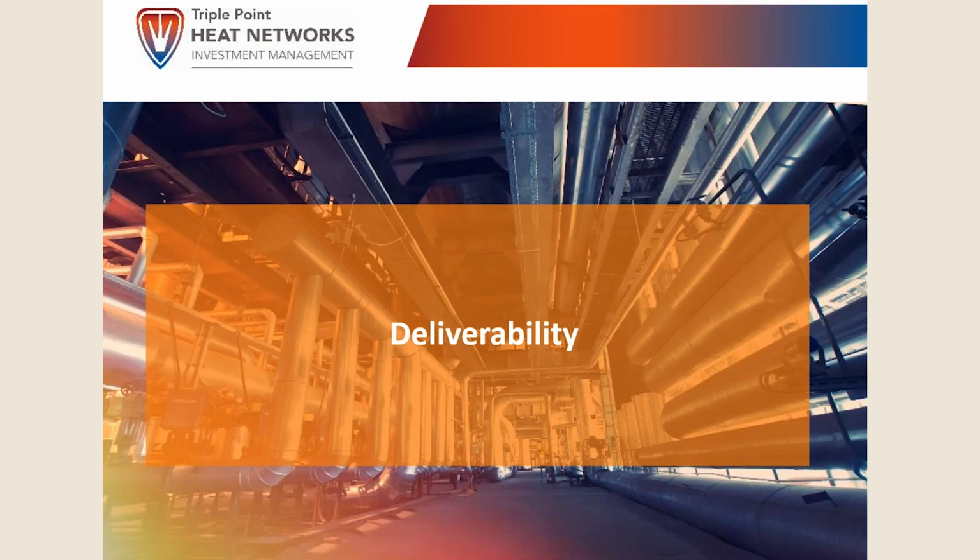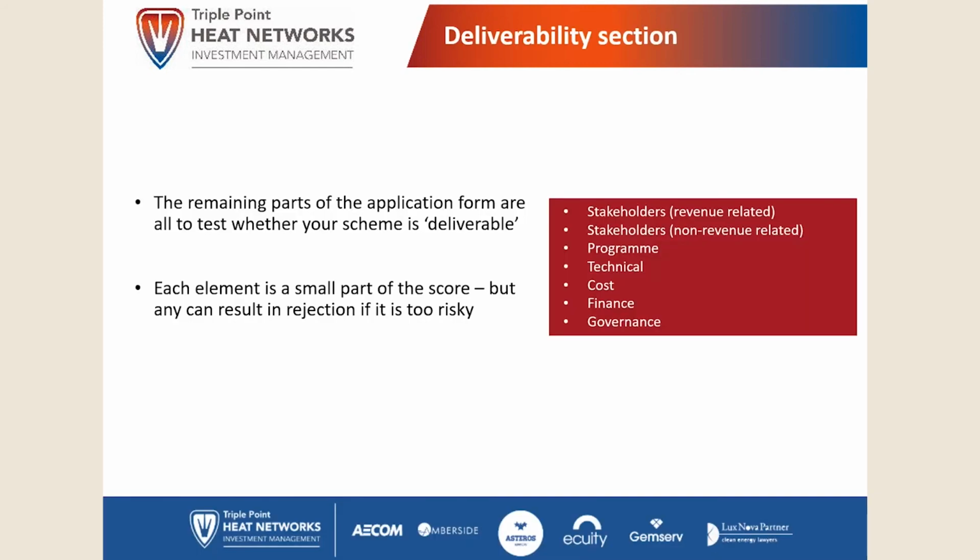Okay, I'll go on to the deliverability then. So costs is one of the deliverability scores. We are looking here to understand how well the project is developing and looking for evidence that the project can actually be delivered.